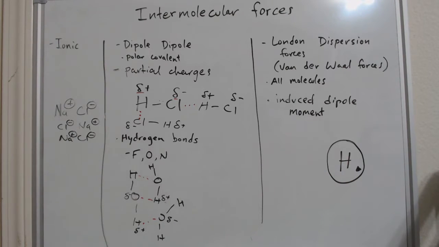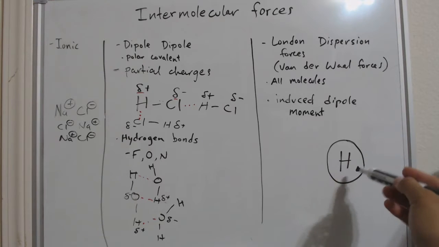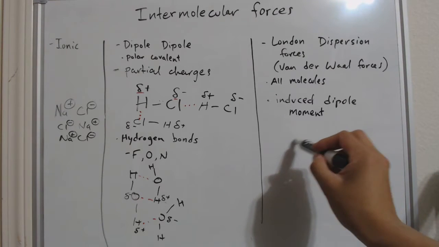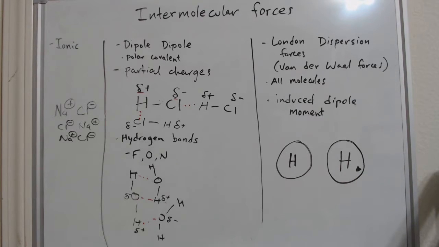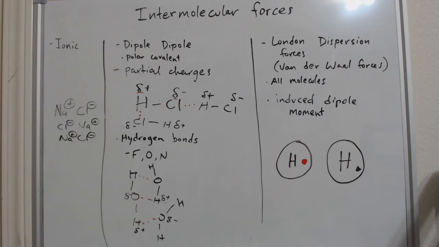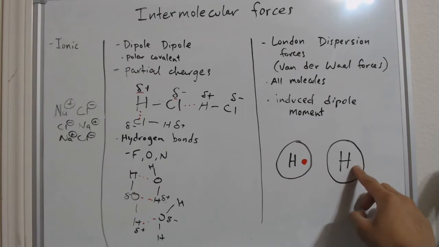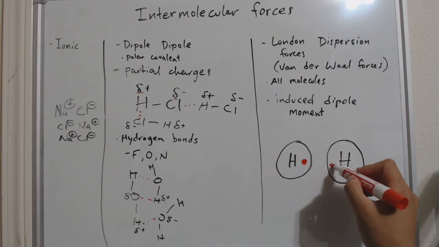Now, how do you get an induced dipole moment? Well, of course, hydrogen won't be by itself. Let's have another hydrogen here. Let's say this second hydrogen on the left has its electron here, and this hydrogen has its electron over here.